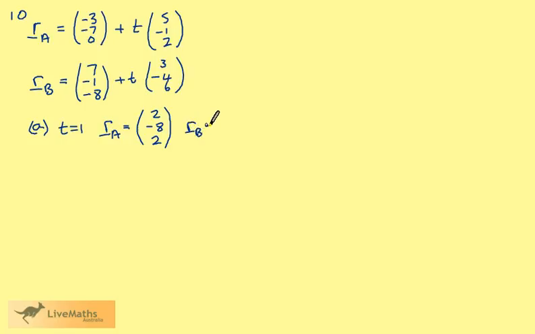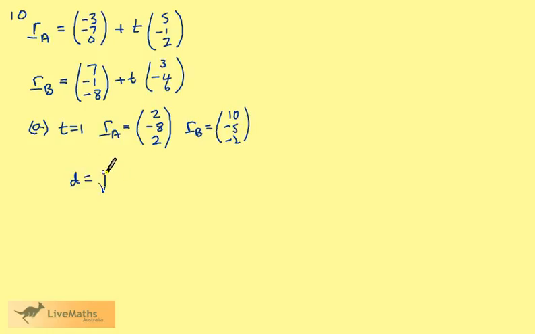The position of B is going to be 7 add 3 is 10. -1 take 4 is -5. And -8 add 6, which is -2.